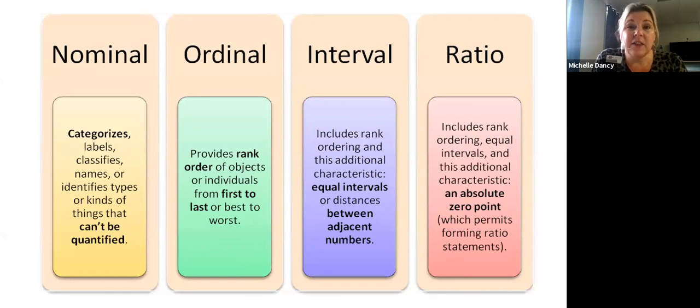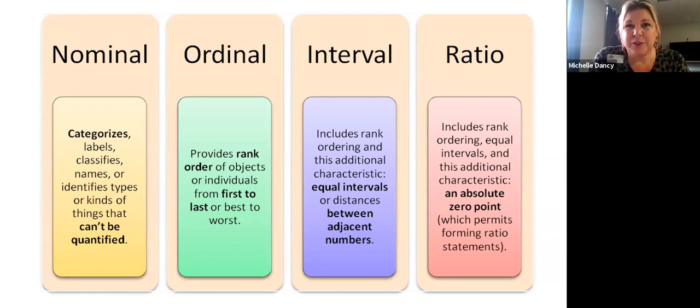So underneath qualitative, we have two subsets of data, nominal and ordinal. Underneath quantitative, we have two subsets, interval and ratio. If I'm going to, quote, rank my data, if I start at the left with nominal, that is the lowest form of data.